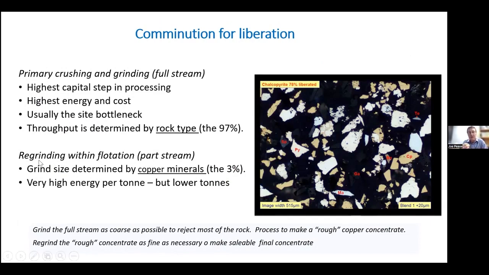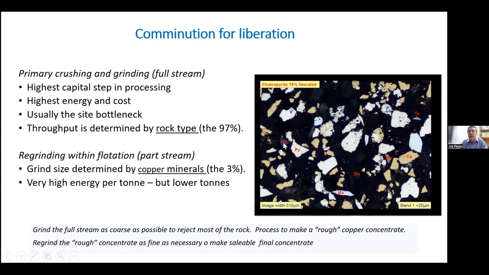Once we get into the finer regrinding stage, which could be within processing or flotation, here the grind size is determined by the copper minerals, which is the 3% of the ore. So this photomicrograph here, you can see the size of the whole screen is only about 500 microns, 0.5 of a millimetre.